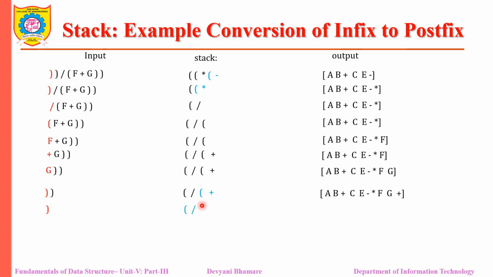Again we get a closing parenthesis, so pop this operator and copy it here. Then the input is empty, and the stack is also empty. Then we can say our resultant expression is stored in this output list, and this is the postfix expression of the given infix expression.